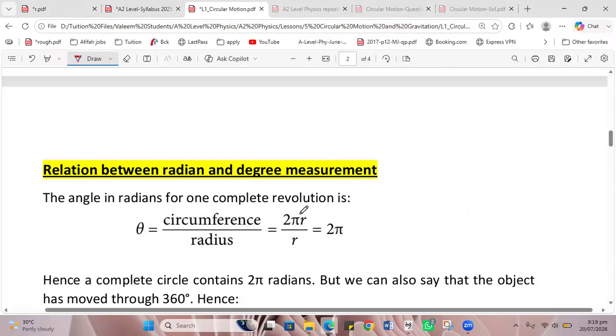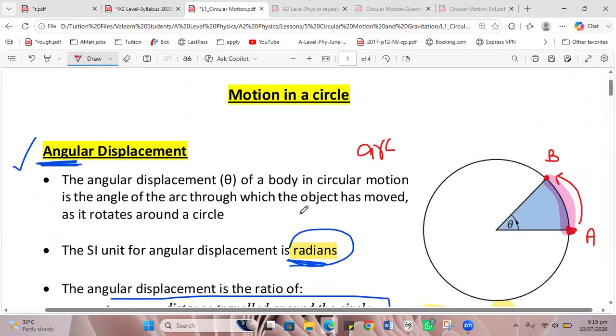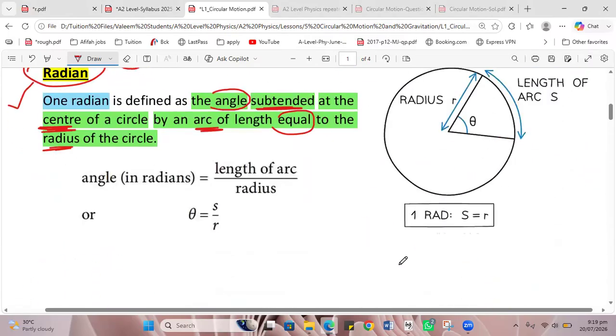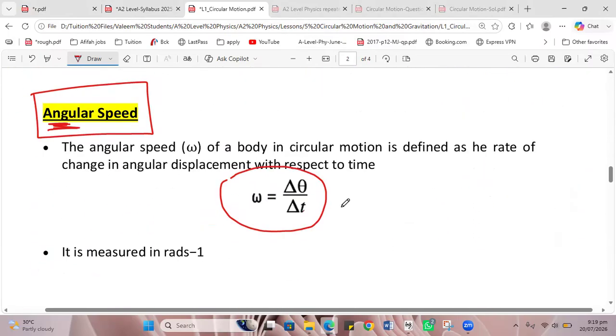We just learned it above. We denote it by the symbol theta. So angular speed is going to be equal to theta divided by time. And the symbol for angular speed is a Greek letter called omega. Right? Simple, nothing special to memorize over here.